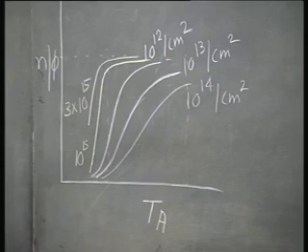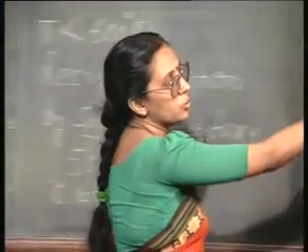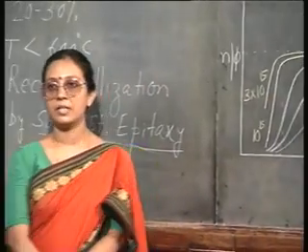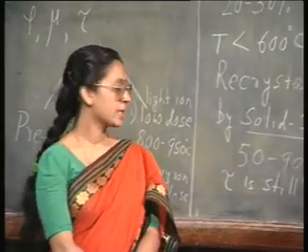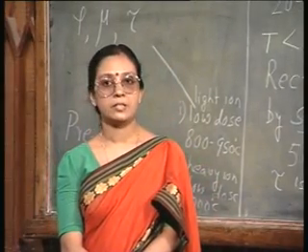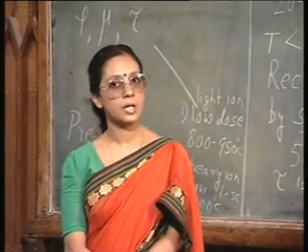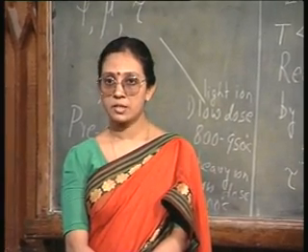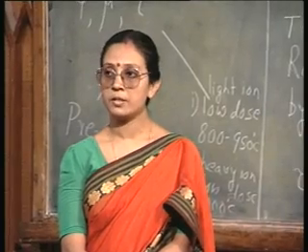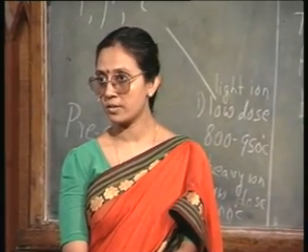Yes, we can. You see, when the dose is comparatively less, light dose, then the material is not pre-amorphized. Even though phosphorus is a heavy ion, since the dose is so small, the material is not getting amorphized.